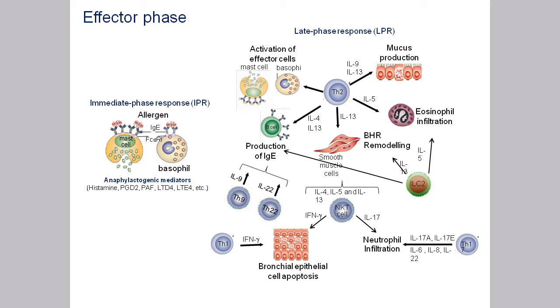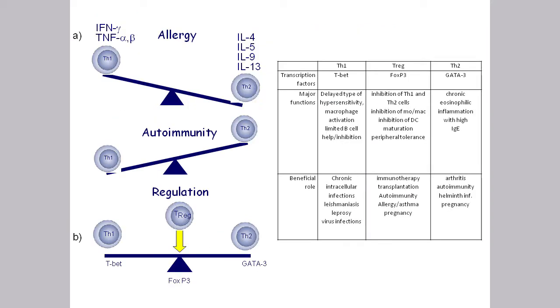So there are many different cells within our immune system that play a role in this complex interaction in creating this inflammatory reaction. This is a very simple view of how we think of allergy and autoimmunity. Allergy is a state where substances like those I've shown you, IL-4, IL-5, IL-9, IL-13, are overexpressed.